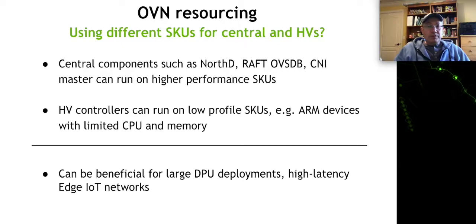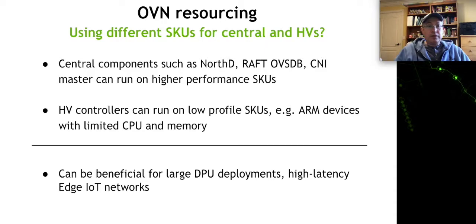One obvious thing that we looked at is OVN resourcing. We figured that with different SKUs, for central we would use more high performance servers, and for HVs we would typically reduce memory by using some CPU caps, or potentially even run on ARM devices.